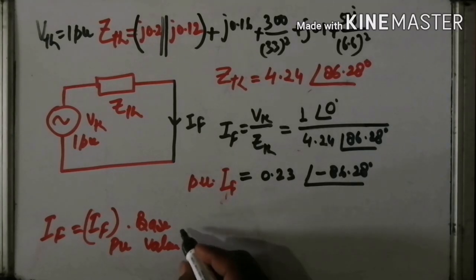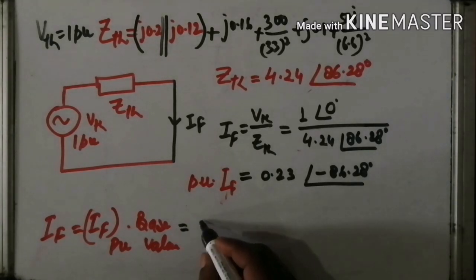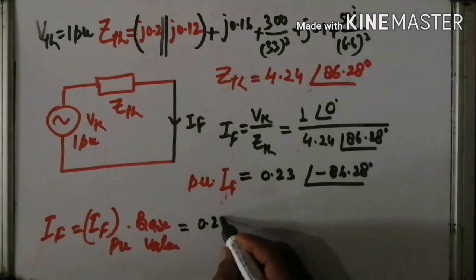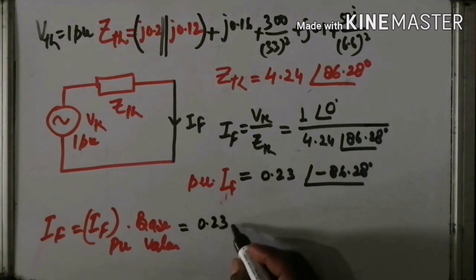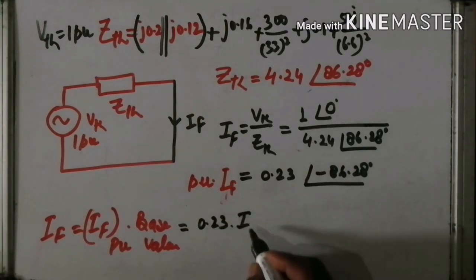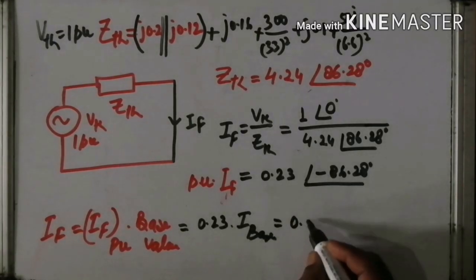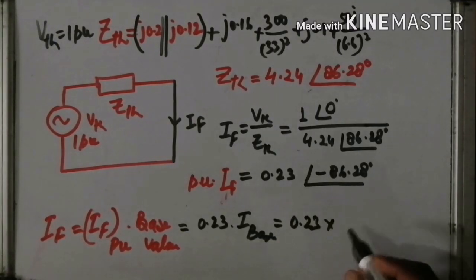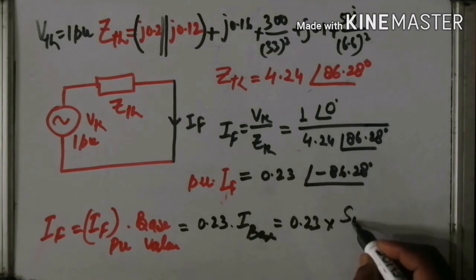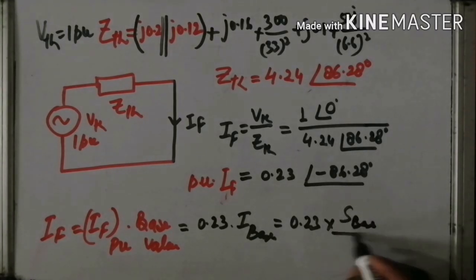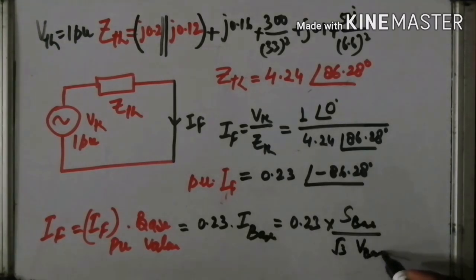Okay, faulty current is 0.23 into I base, and I base is given by S base divided by under root 3 into V base, right?